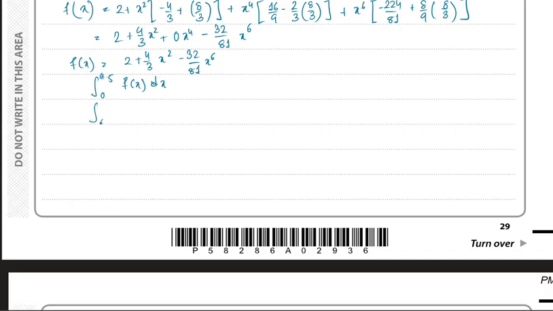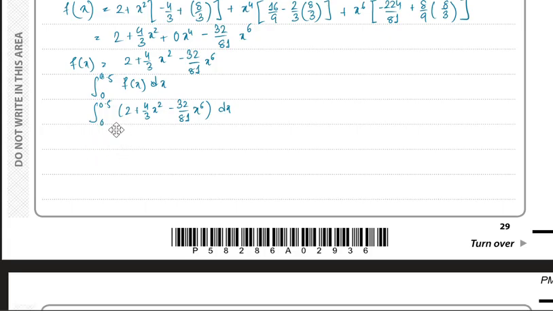So integration from 0 to 0.5, f(x) is 2 plus 4 by 3 x squared minus 32 by 81 x to the power 6 dx. So sorry, let me integrate this.